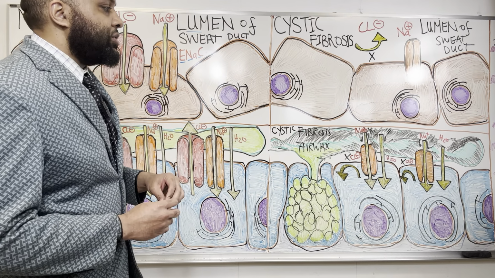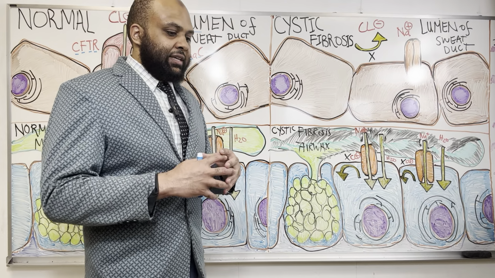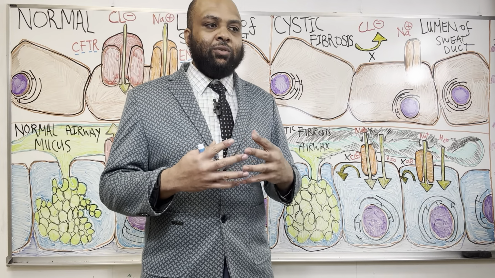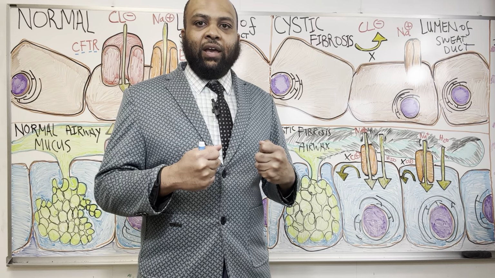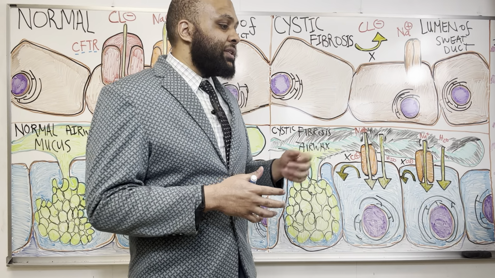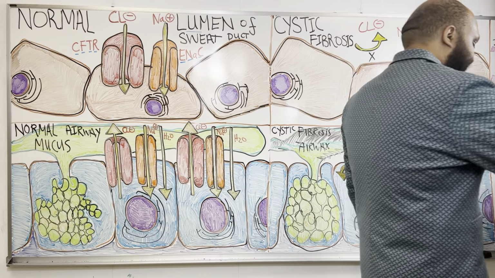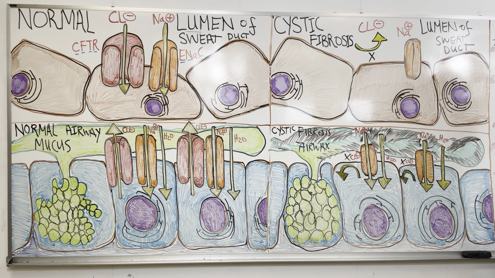So now we understood that there is this generalized mucus that is very thick and very viscid. So now let's look at the clinical manifestations. Let us now look clinically at what happens in the body.